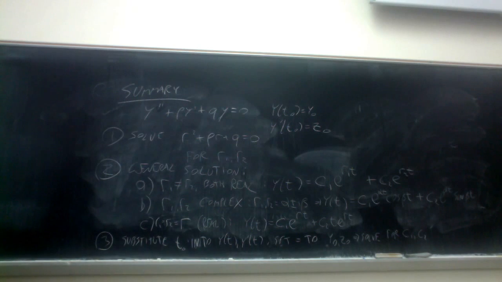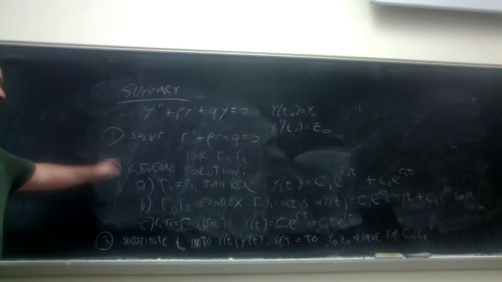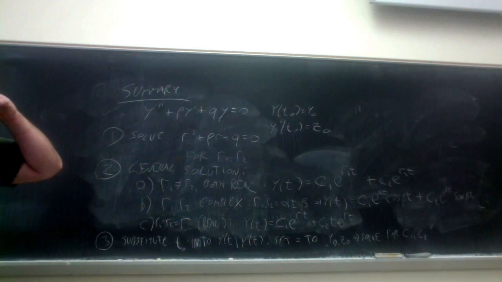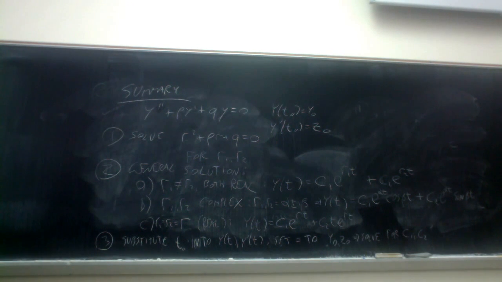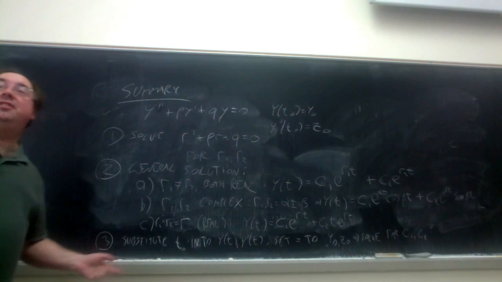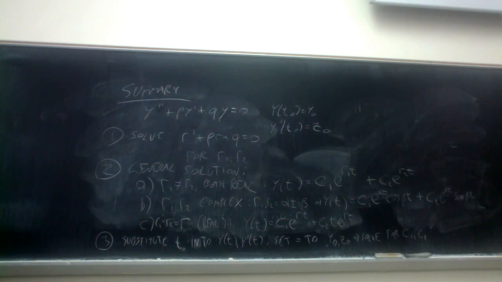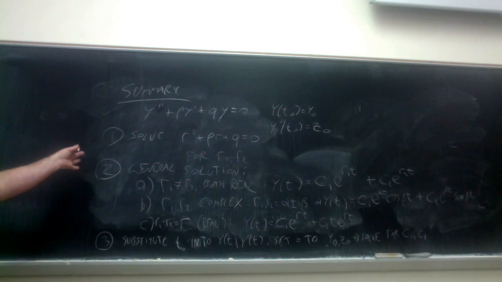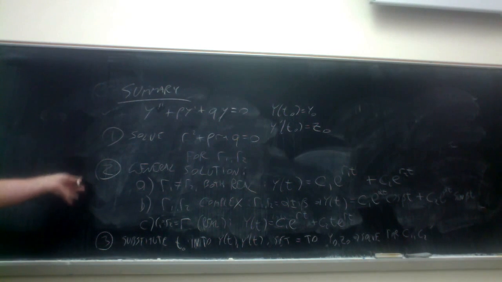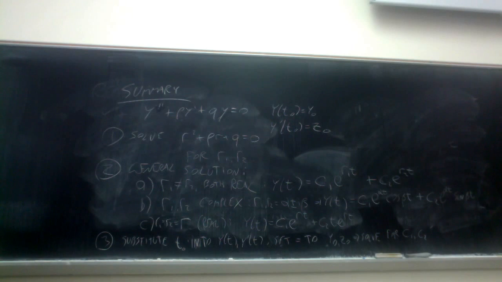Now, I can assure you that on the test, you'll see all three of these situations. You just won't know which is which until you actually go ahead and solve the characteristic equation, assuming you don't make a mistake there, and then you can proceed as needed for whichever situation it is.